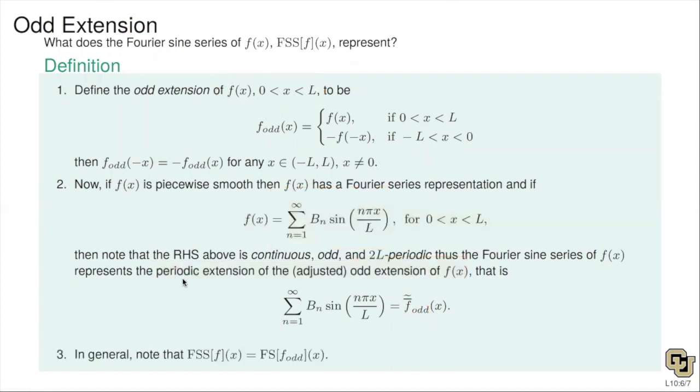And so we can think of the Fourier sine series of f, which is defined on 0 to L, to be just a regular Fourier series of this odd extension of f, which is defined on minus L to L. So this is a good review of your Fourier series theory.